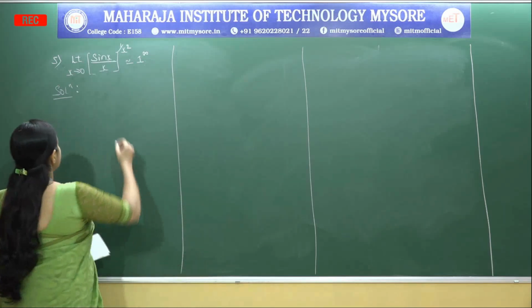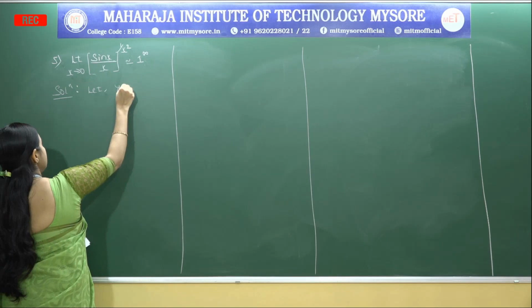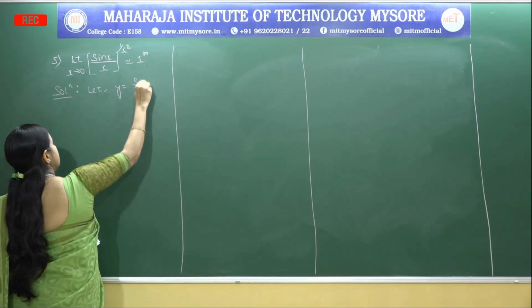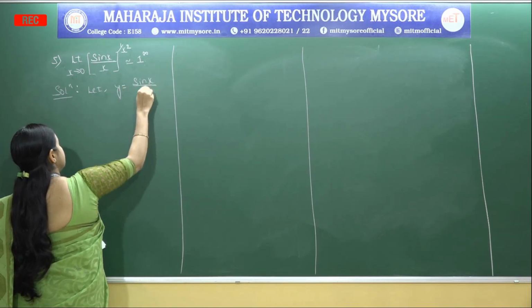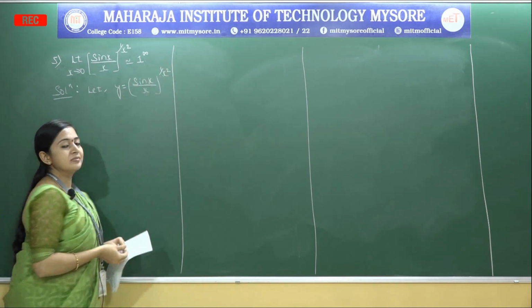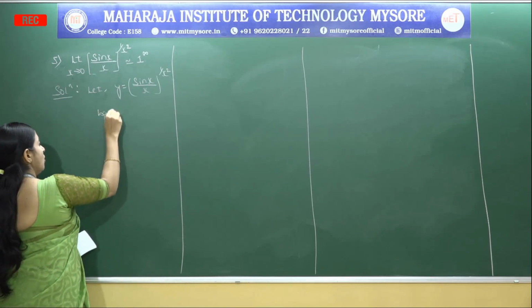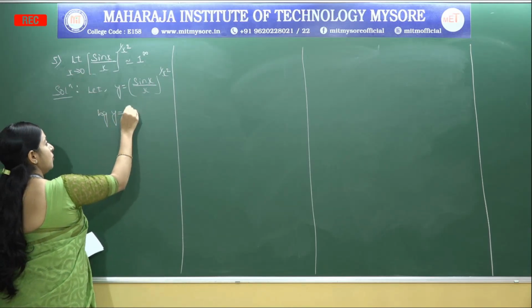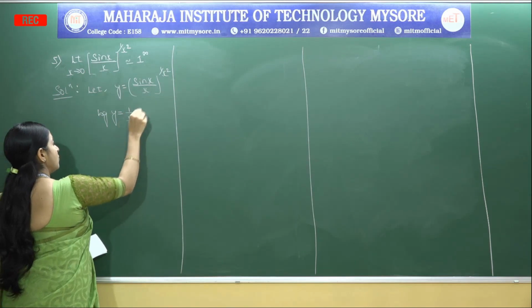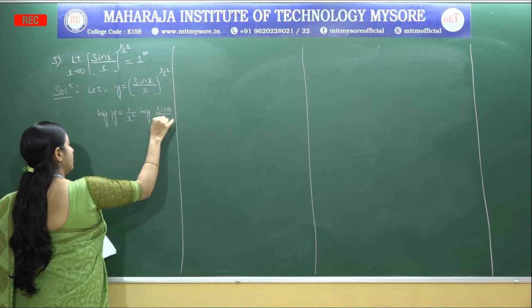Let's do it step by step. Take this term as y equals (sin x divided by x) power 1 by x square. Then take the log on both sides. Log y equals, applying the property, 1 by x square times log of sin x divided by x.